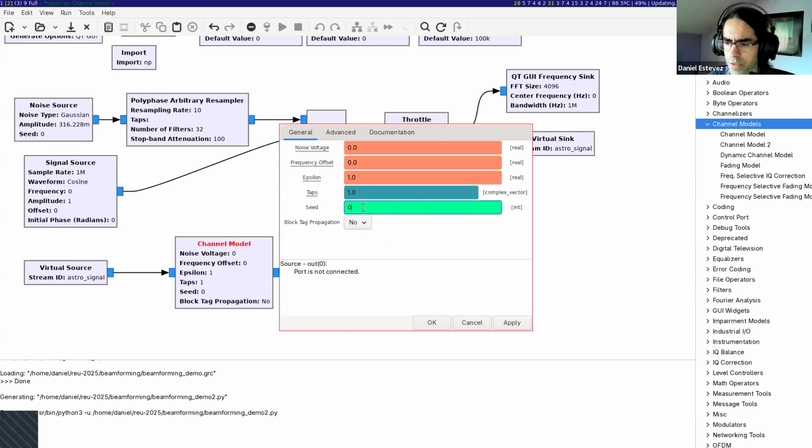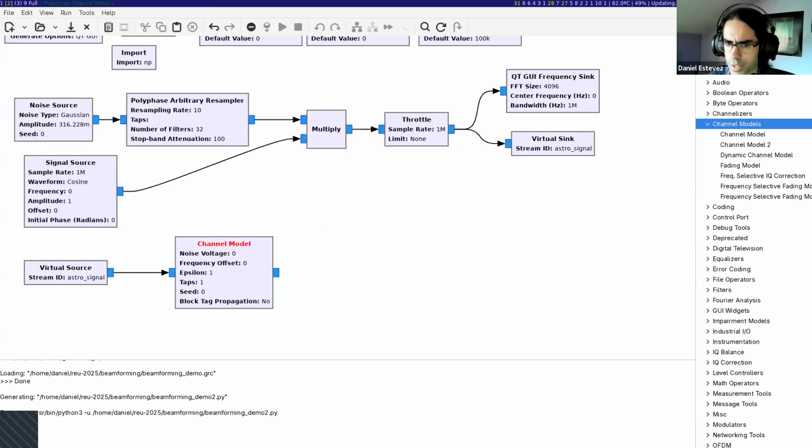What else? There is something very important, which is the seed. The seed is a random seed. It is used to generate the noise. And you can see that this noise source also has a seed. By default, the seed is 0. But very importantly, I want each of the noise sources in the flow graph to be generating different noise, more precisely to be generating independent or uncorrelated noise, because otherwise nothing will work and it will not be a good representation of the real world.